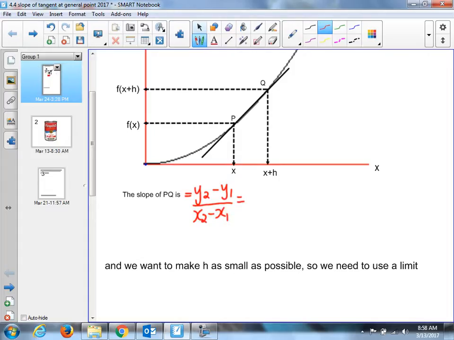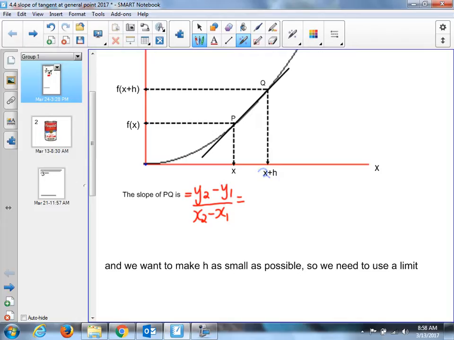Now, in this particular case, I'm going to keep thinking back to what we were doing before. Remember how the other day, if we said that this point P was at 2, we would have said the second point that we're pulling in is at 2 plus h, where h is this little infinitesimal thing so close to 0 we'll almost think of it as 0.